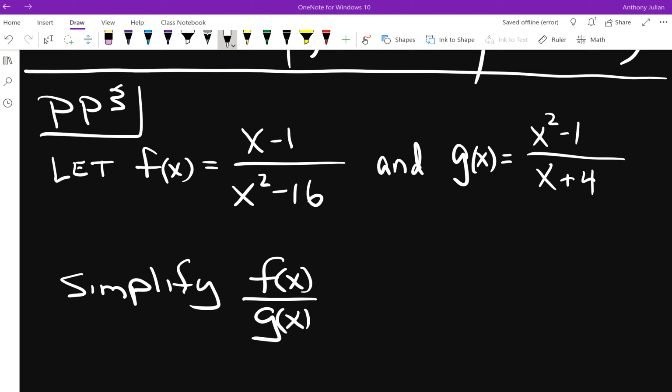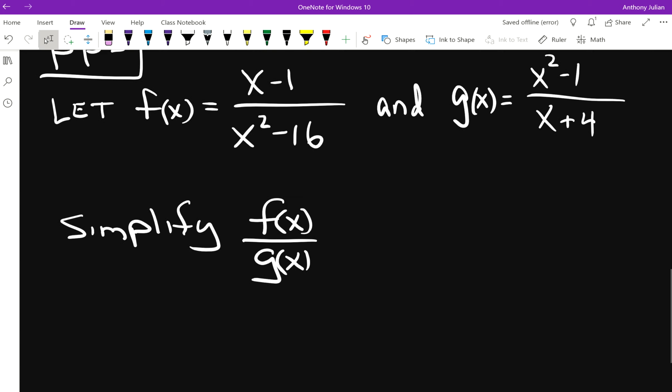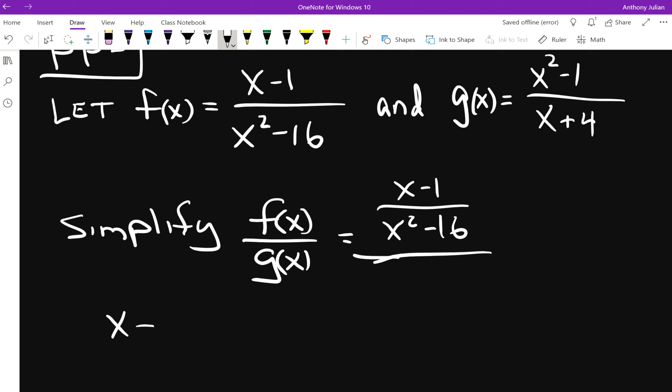So we'll just substitute f of x and g of x, since we know what they are. f of x is x minus 1 over x squared minus 16, divided by g of x, and g of x is x squared minus 1 over x plus 4.